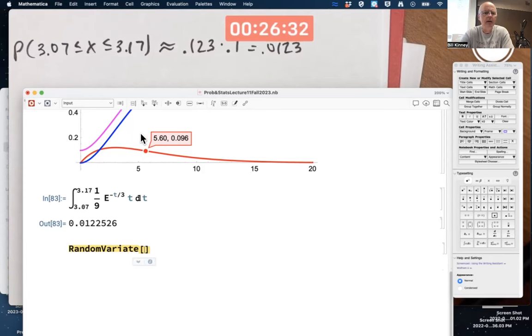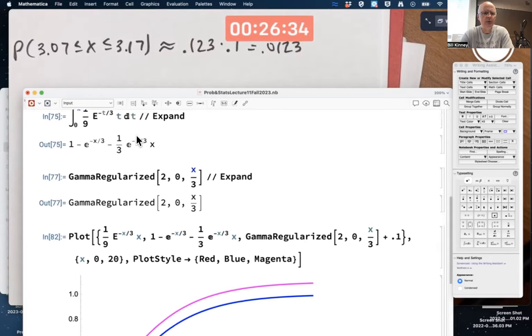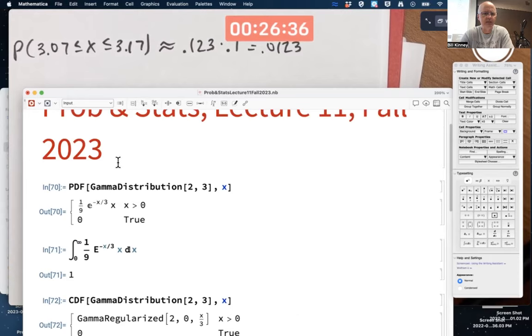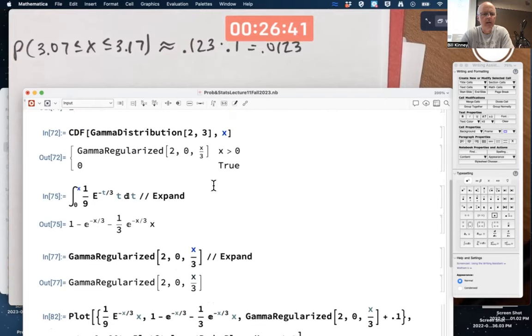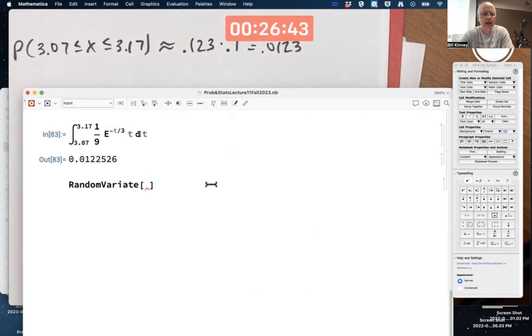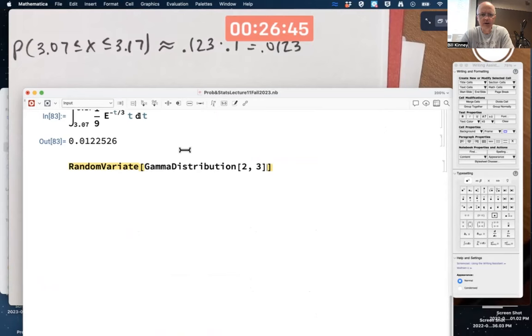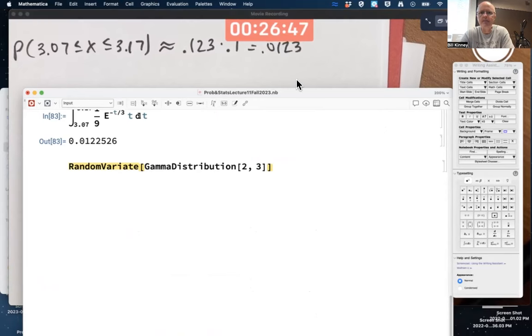I think ProbabilityDistribution is useful for user-defined distributions, but maybe I can get away with just using GammaDistribution[2, 3] here. Let's copy and paste that in here. I'm pretty sure this kind of start will work at least.